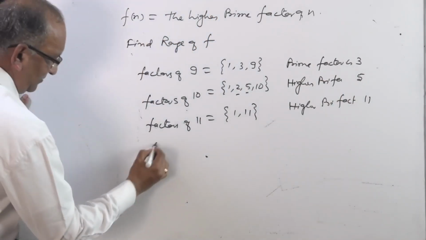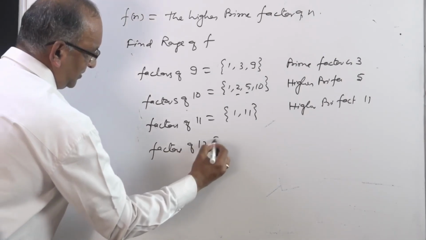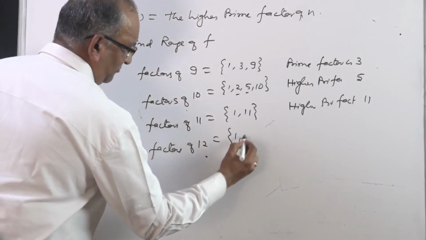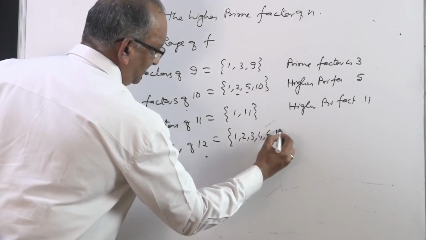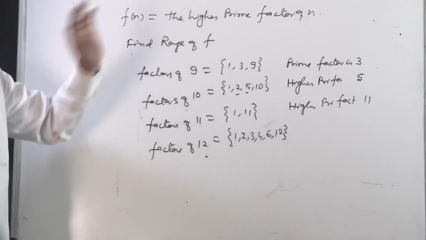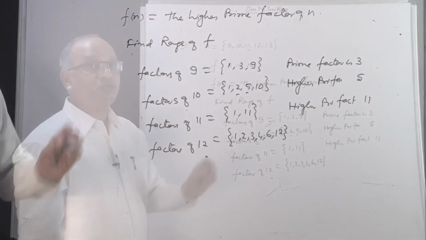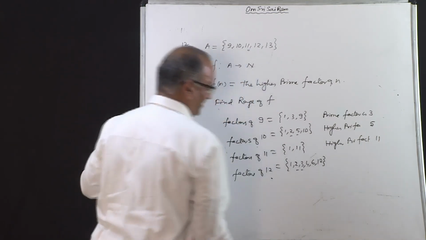Next number is 12. We know that 12 can be divided by 1, 2, 3, 4, 6, 12. All of them are factors of 12. Among them, choose prime factors. So 2 is a prime factor, 3 is a prime factor.